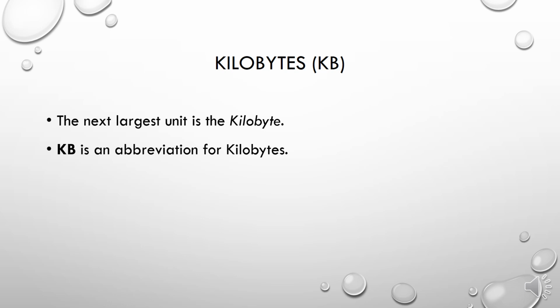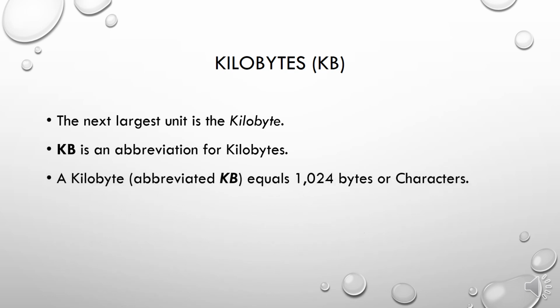So if you have 2 KB, it means you have 2000 bytes, which is 2 kilobytes. A kilobyte, abbreviated KB, is equal to 1024 bytes, or 1024 characters, which is approximately 1000 characters or 1000 bytes.